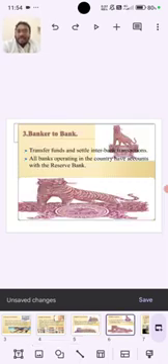The next one is banker to bank. All banks are controlled by the RBI, Reserve Bank of India.